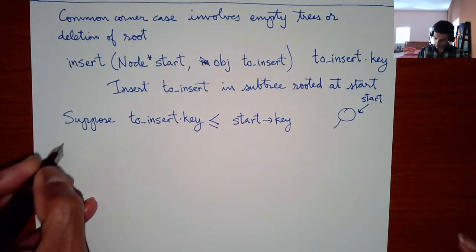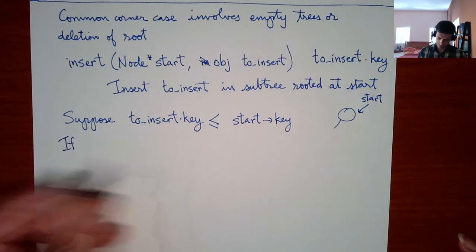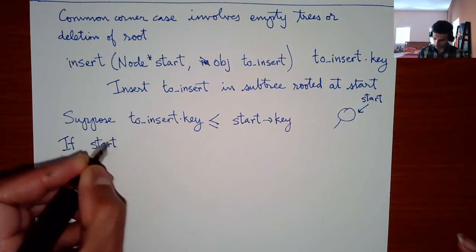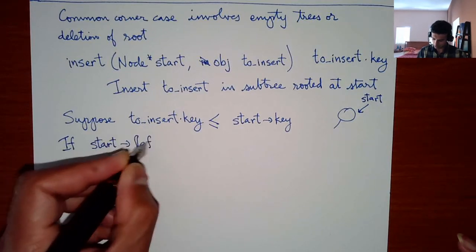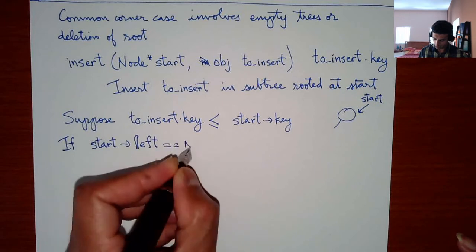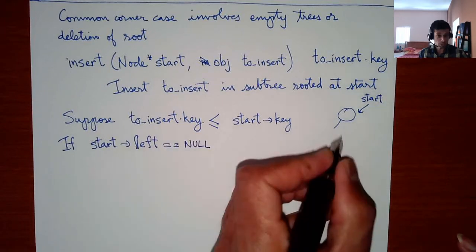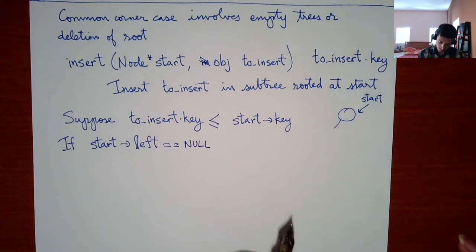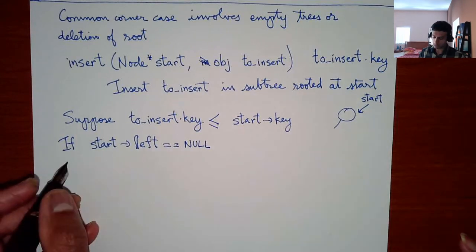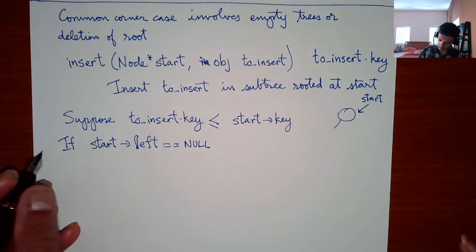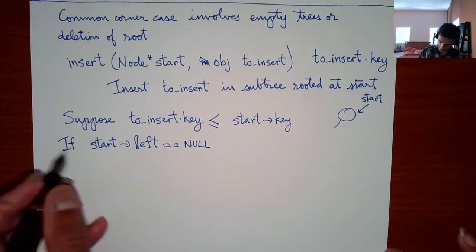Now if start arrow left is null, so there's nothing there, then we go ahead and we insert. So this is going to be our base case here. And so we have 3 steps then.